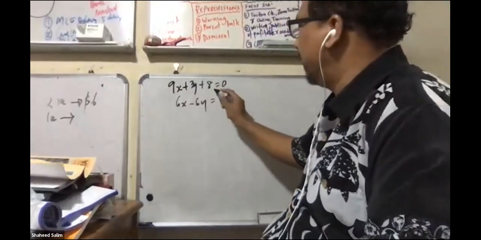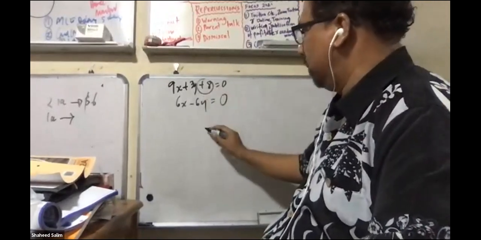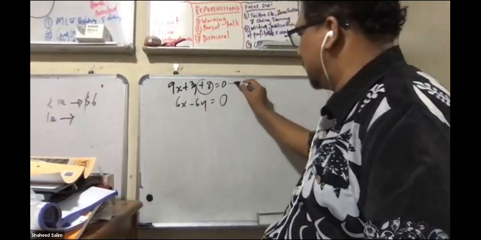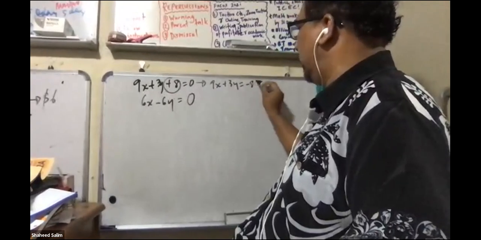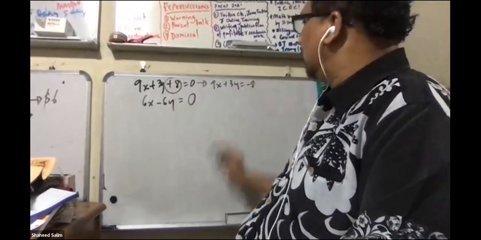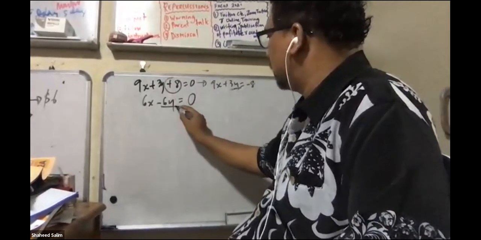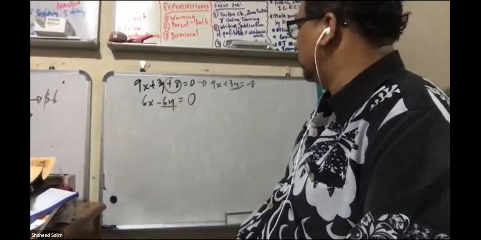Now this one we have to make the format the same, right? So we bring the -8 over there, becomes +8. So now this one becomes 9x plus 3y equals to -8. Now we can make 3y become 6y.